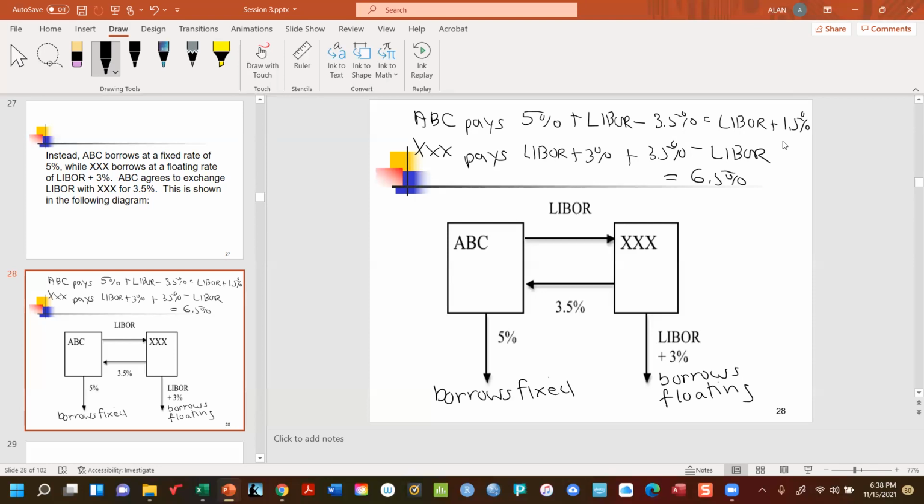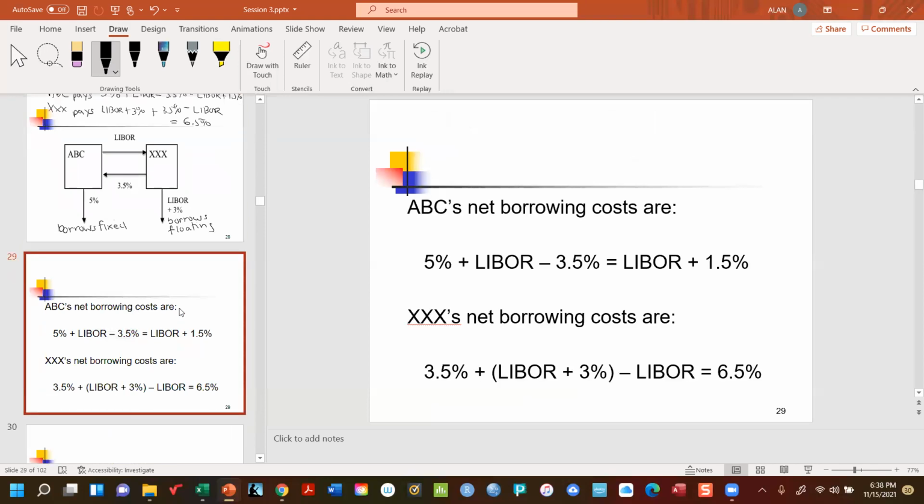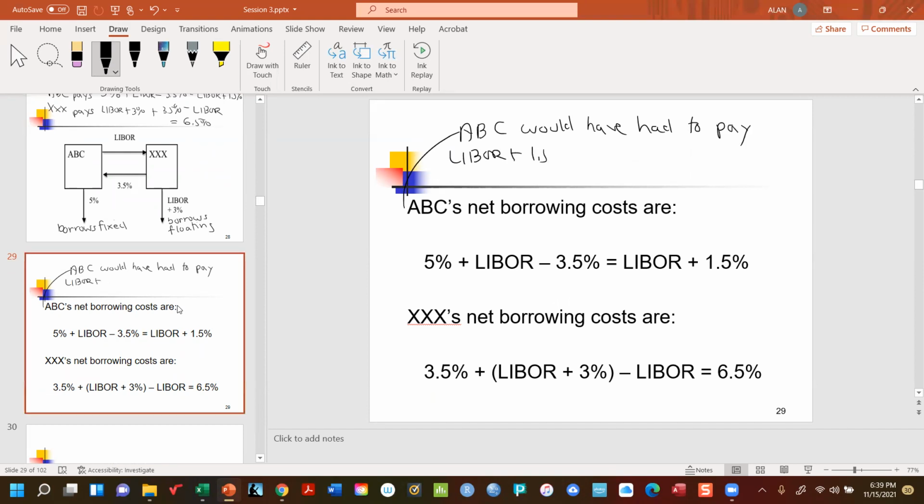Now, how does this help them? Because, and this is again repeated in the next slide, ABC would have had to pay LIBOR plus 2%, if you remember that chart we had, to borrow at a floating rate.